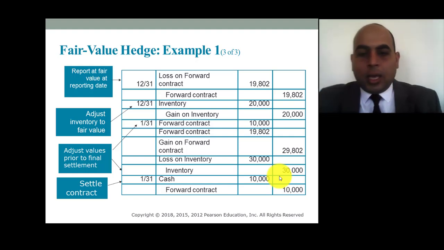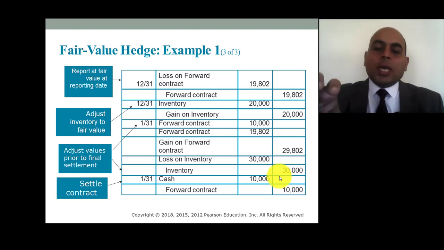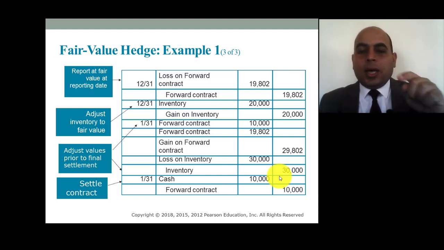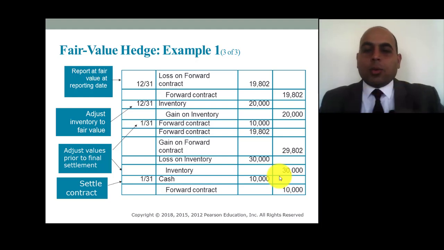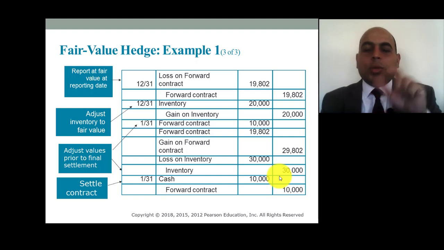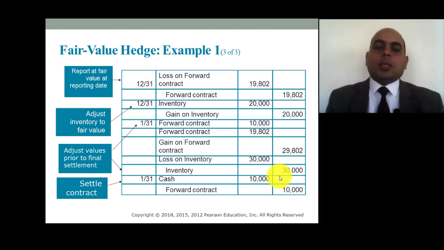Instead of selling the inventory and receiving the cash and purchasing something else, we can settle the difference between the exercise price of the forward contract, which is 90. So instead of receiving the 90,000, the 90 multiplied by 10,000, we will receive the difference between the spot price and the exercise price.